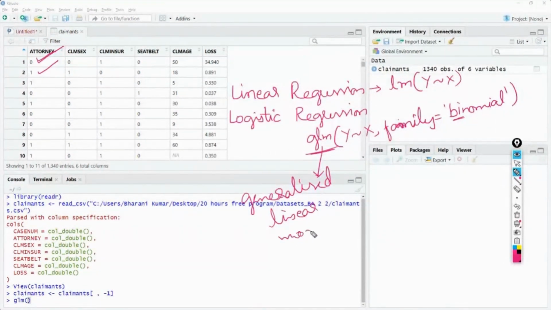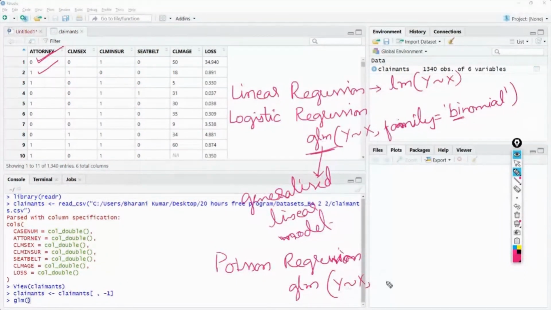Because if you want to run, say, Poisson regression, out of scope, but just assume you want to run Poisson regression, then you just write this function GLM of y tilde x, comma, family equal to Poisson.